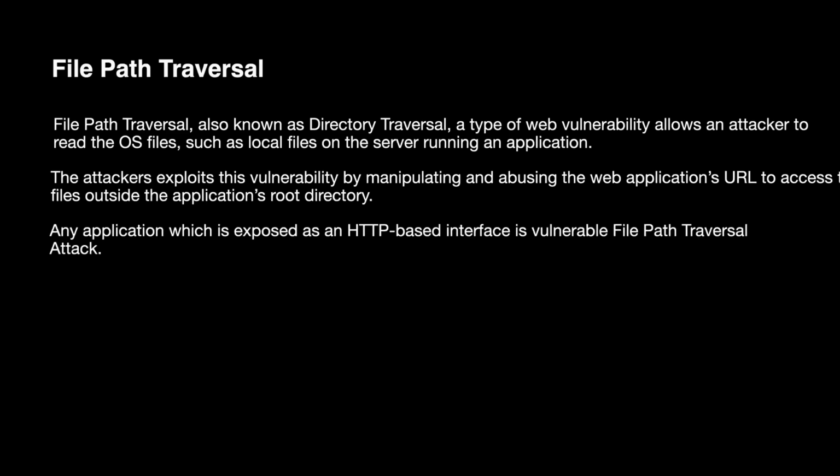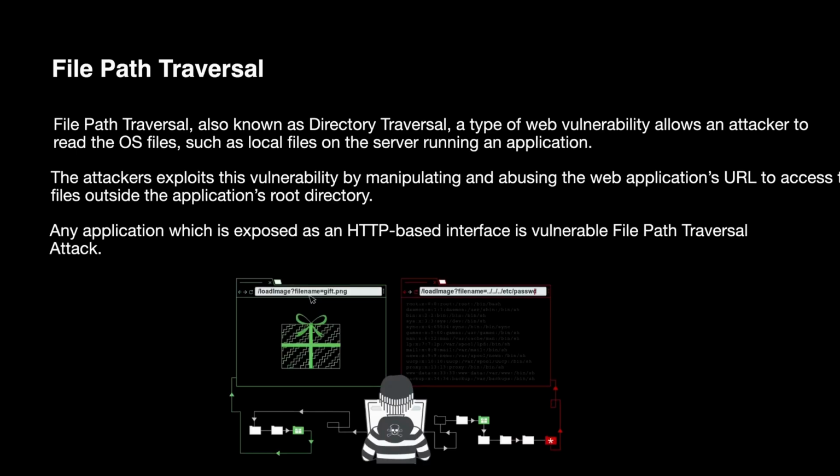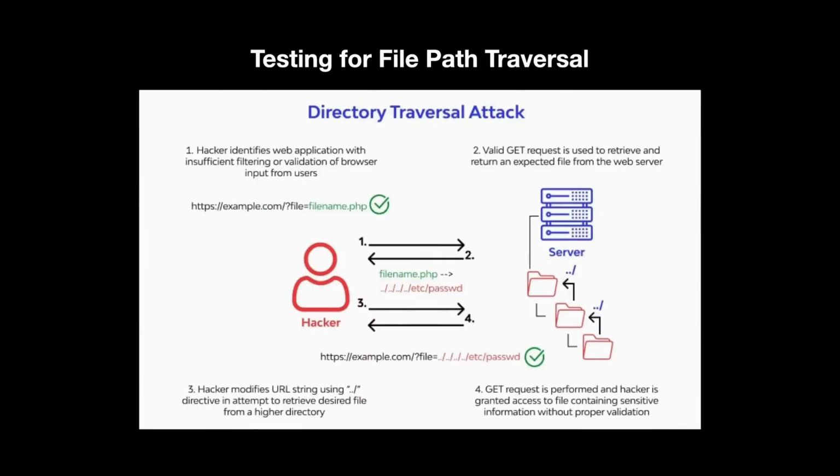Any web application which has an HTTP based interface is vulnerable to a file path traversal attack. The testing methodology for file path traversal is that the hacker identifies a web application with insufficient filtering or validation of browser input from users.